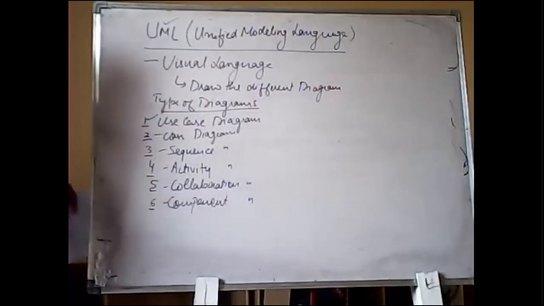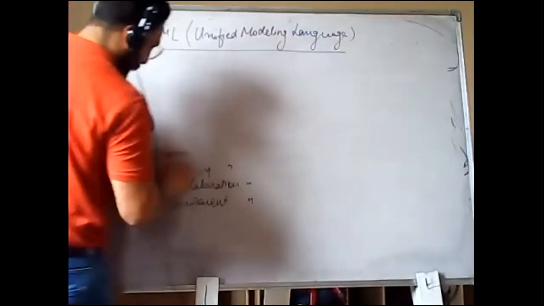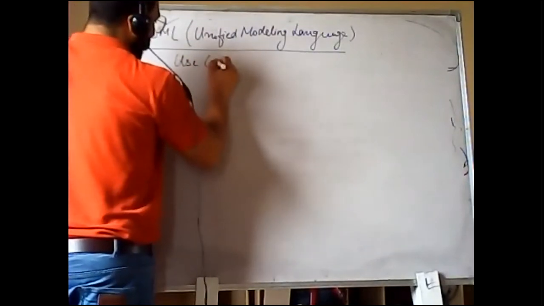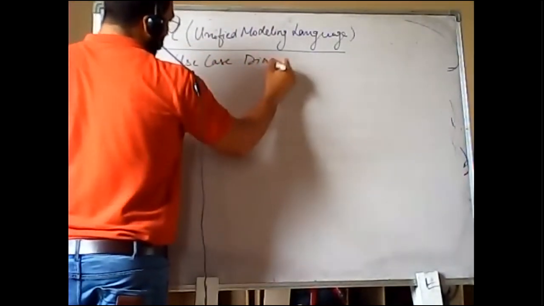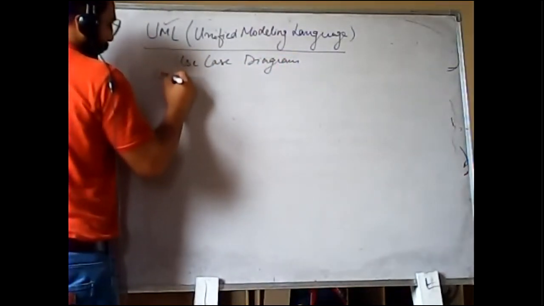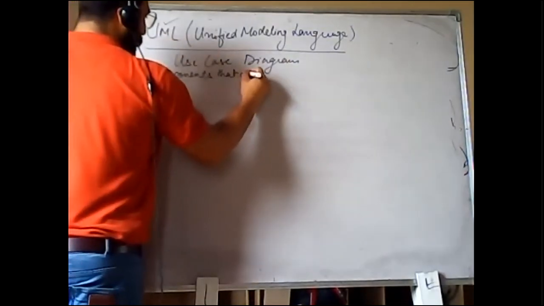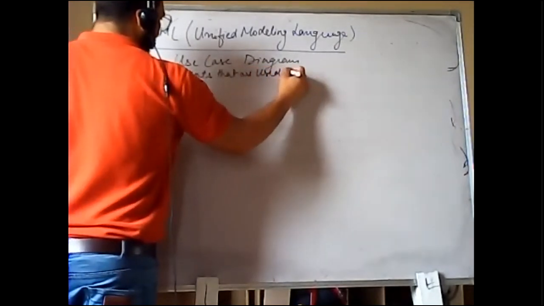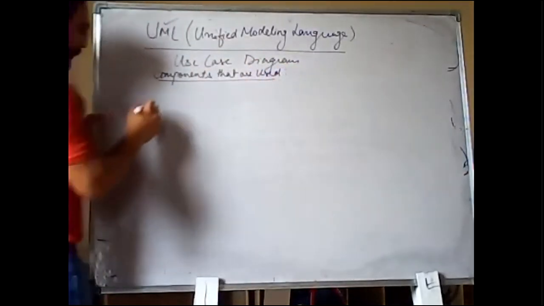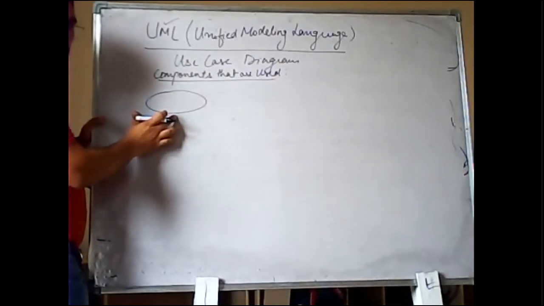I will explain the first diagram, that is the use case diagram. In this, the components that are used: first is the use case, and it is like an ellipse.